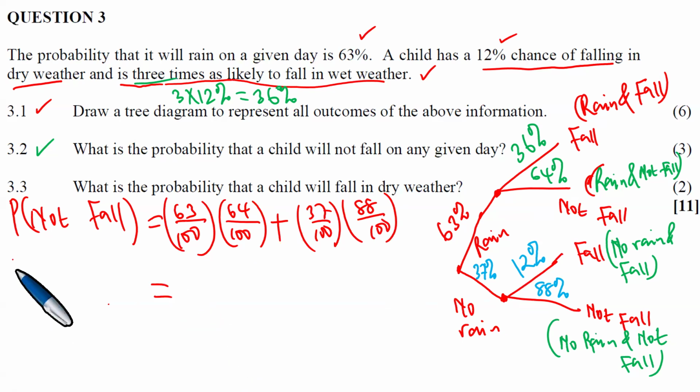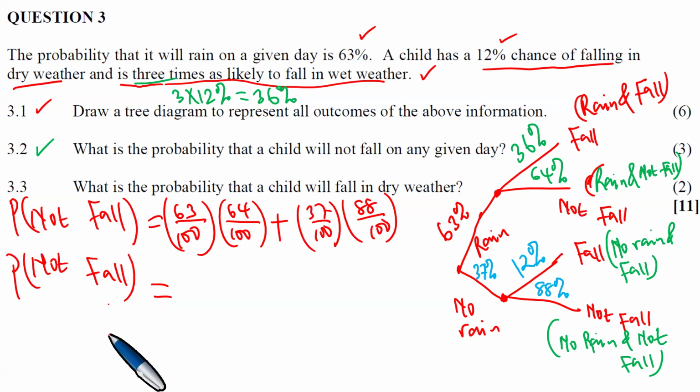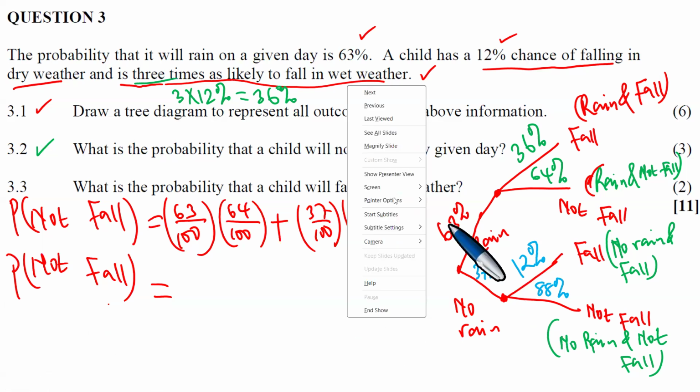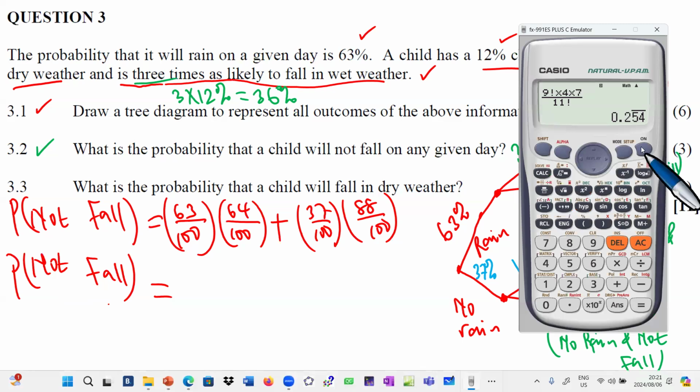Right, so we say the probability of not fall. Right, so we're good. Let's do this. I know that we have gone beyond the quarter past. We're rounding up, please. So now let us do this quickly.